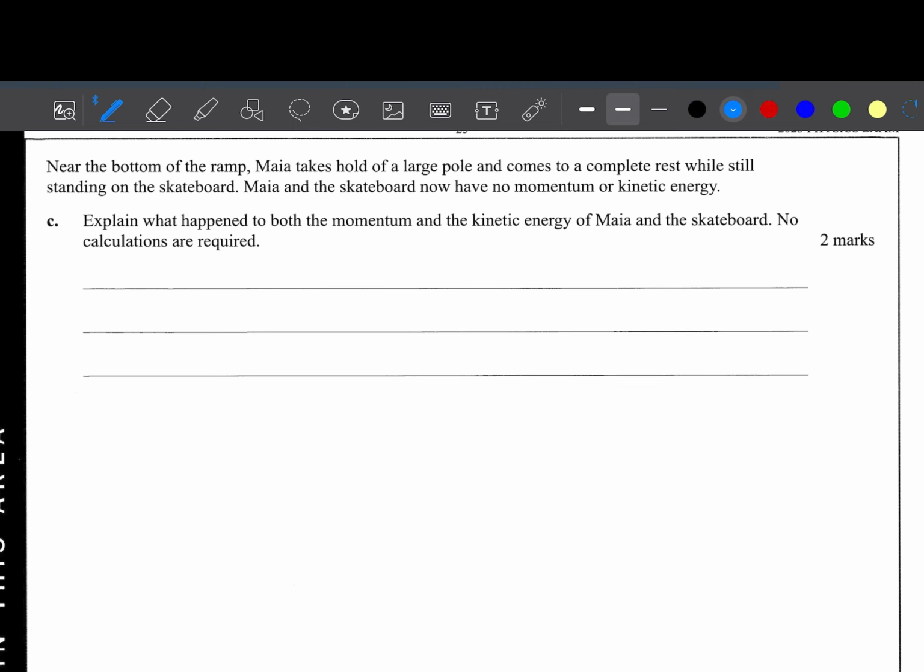Near the bottom of the ramp, Maya takes hold of a large pole and comes to a complete rest while still standing on the skateboard. Maya and the skateboard now have no momentum or kinetic energy. Explain what happened to both momentum and kinetic energy. No calculations are required.